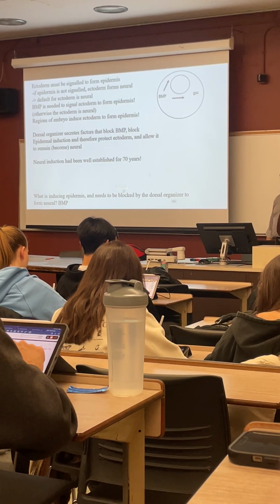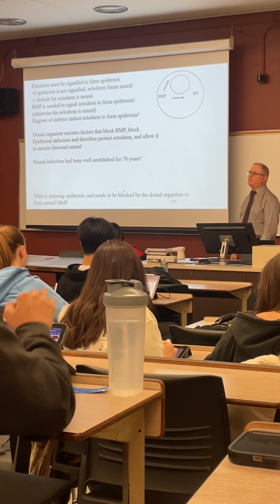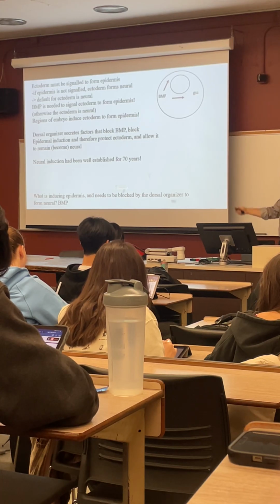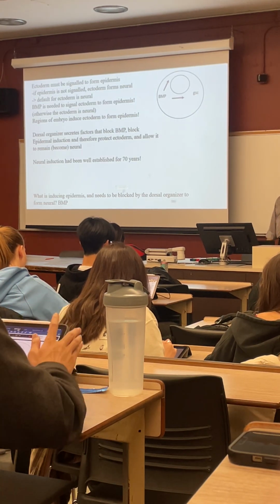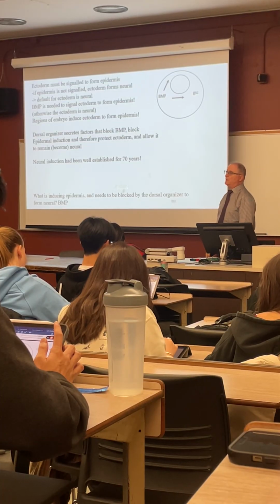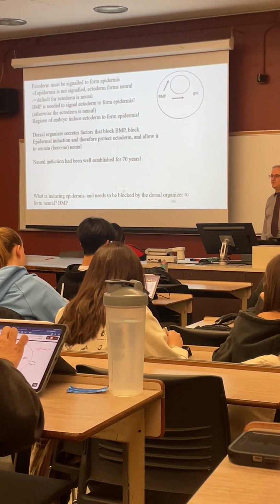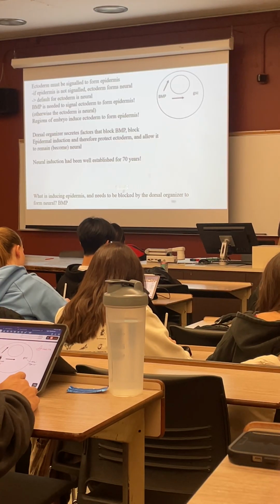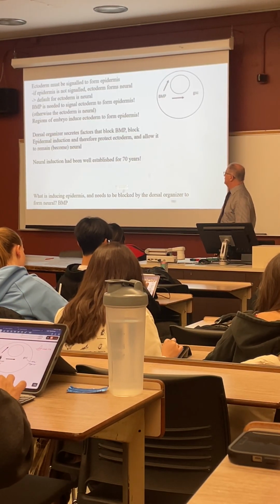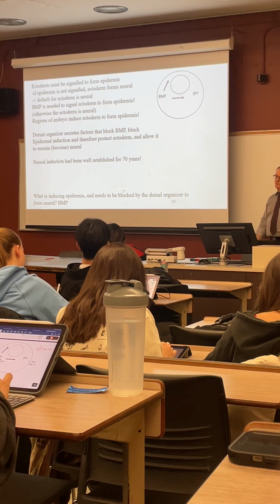Ectoderm doesn't necessarily become epidermis; it has to be signaled to become epidermis, and during development that does occur. BMP is inducing ectoderm to become epidermis. Otherwise, ectoderm will become neural. The ground state, or basal state, of ectoderm is to become neural tissue in vertebrates, in us. So BMP is needed to signal ectoderm to form epidermis.